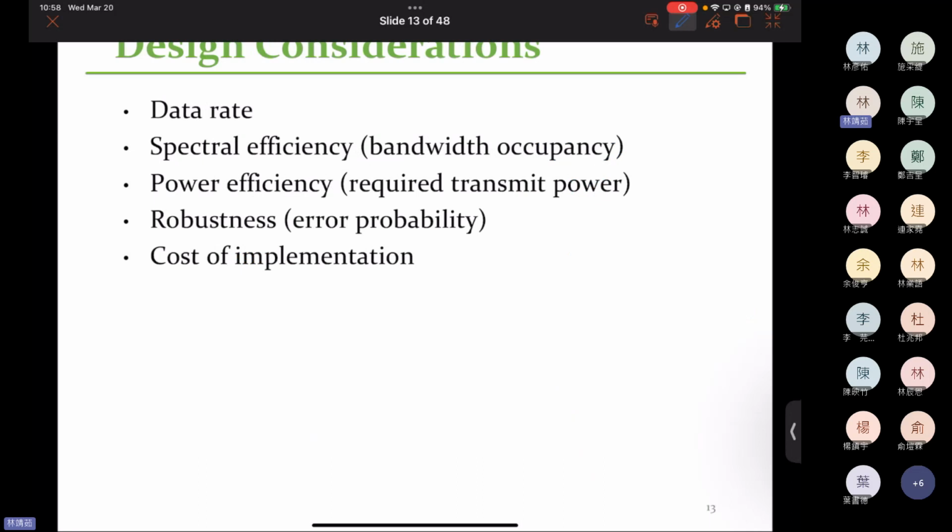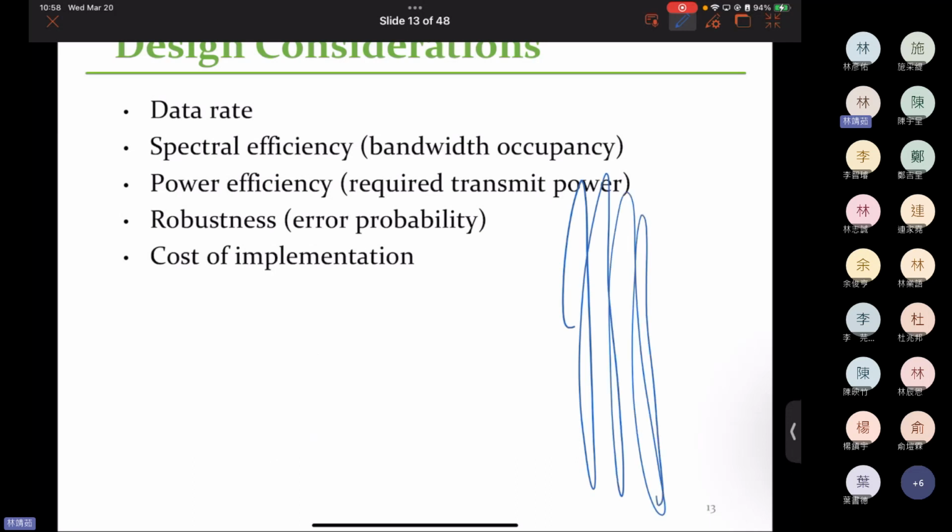So we also have some design constraints, because even though we say we can hide our information using any kind of algorithm you like, we still have some constraints. The first constraint is that your bandwidth is fixed, for example, you can only occupy 20 megahertz. And you might also have some power limitation. You cannot say, I try to generate a super large power like this, and use this small power to represent 0. No, right? Because for every single hardware, you have some power limit to generate your signal.